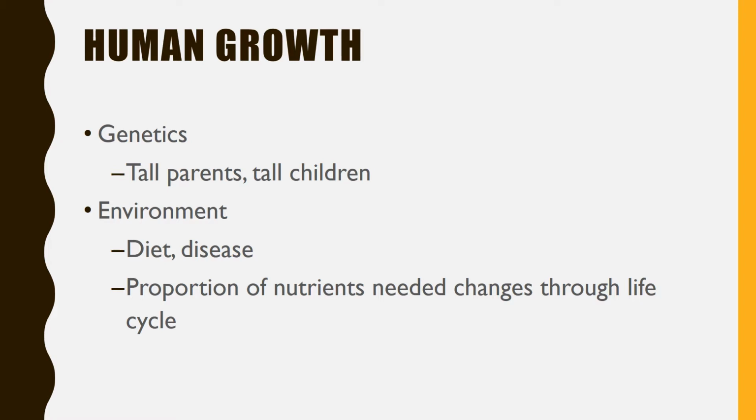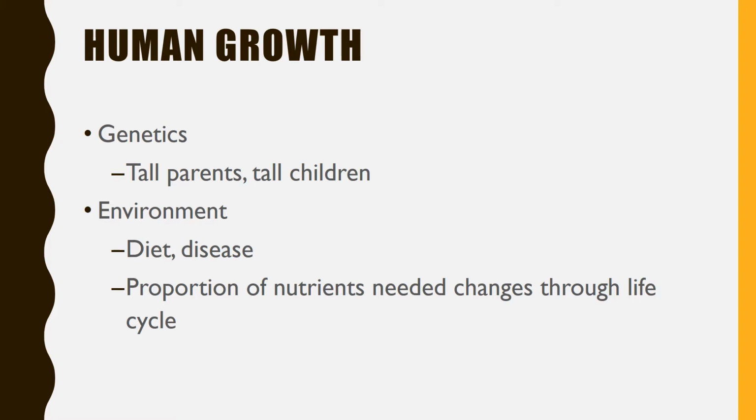Proper nutrients are most important during infancy, childhood, and puberty. Too much nutrients can make just as much of an impact as too little. Too much nutrients during these really important life cycles can lead to an overabundance of fat, which can lead to a number of health problems.